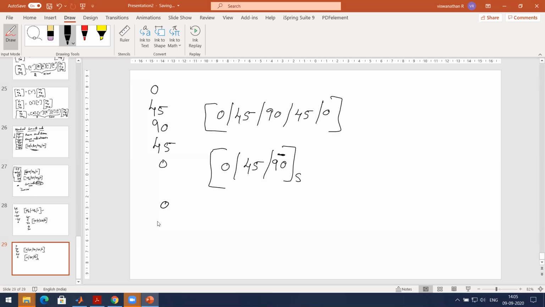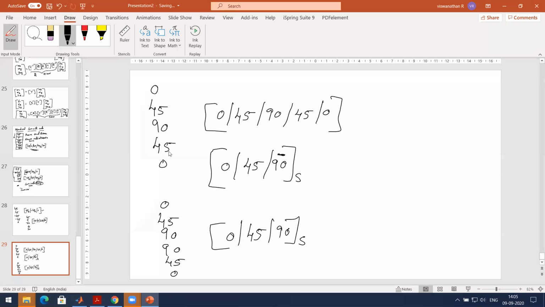Suppose it was 0, 45, 90, 90, 45, 0. Then this can be written as 0 45 90 with no bar, symmetric. So this is for this, and this is for this.